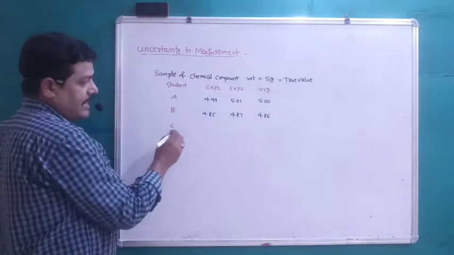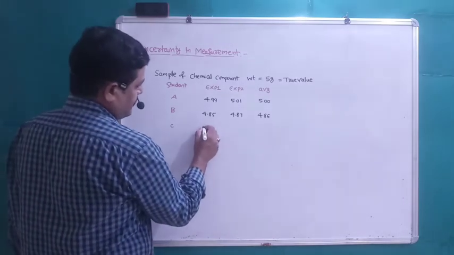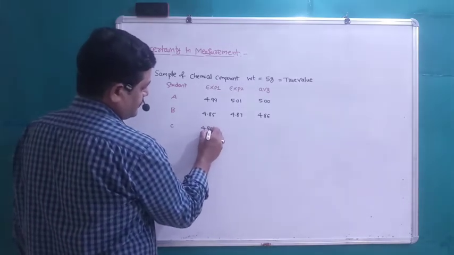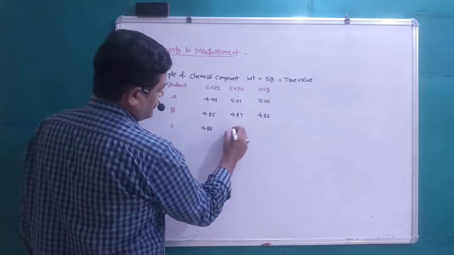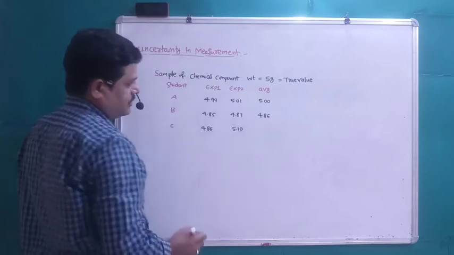Then C measured and got 4.86 in the first experiment and 5.10 in the second.